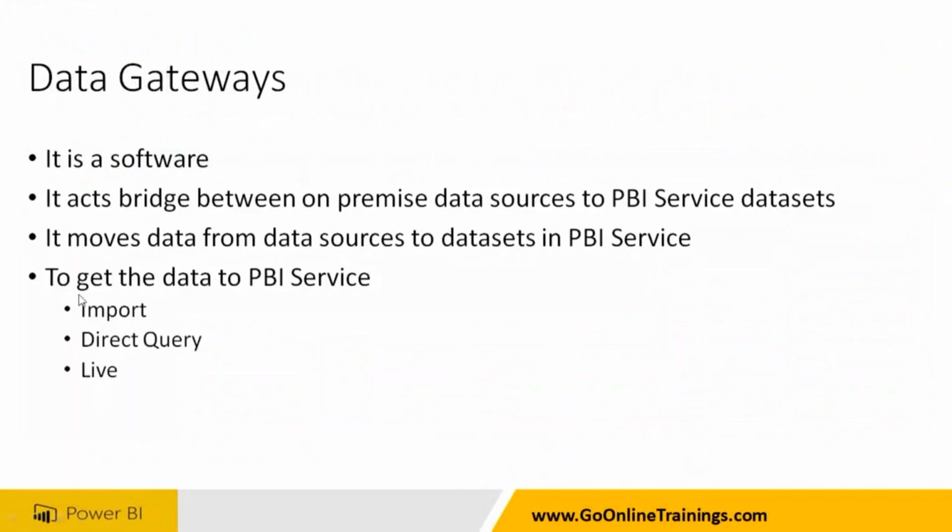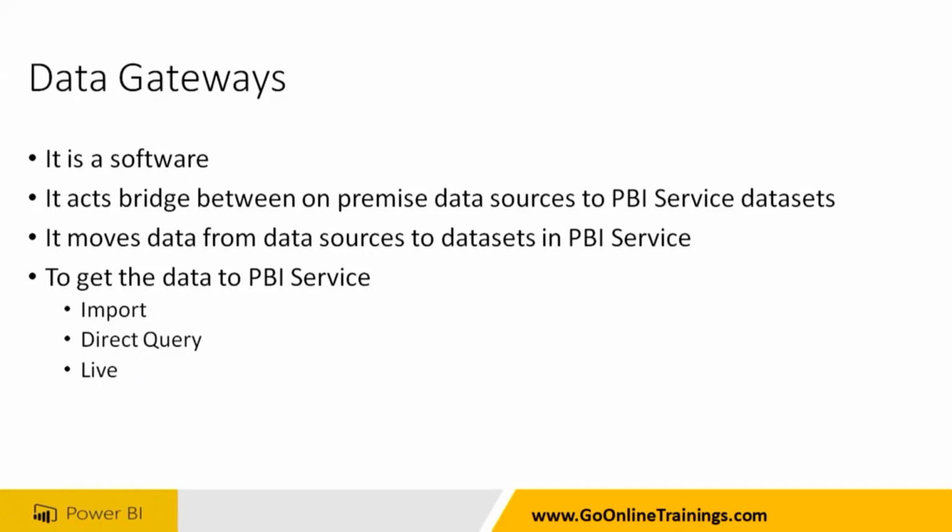Import, direct query, live, whatever you're using, if the data is not coming from the cloud, meaning it is coming from an on-premises machine, forget about anything else. If it is on a local machine or on-premises machine, you have to use what is called a data gateway software. It could be import or direct query or live.